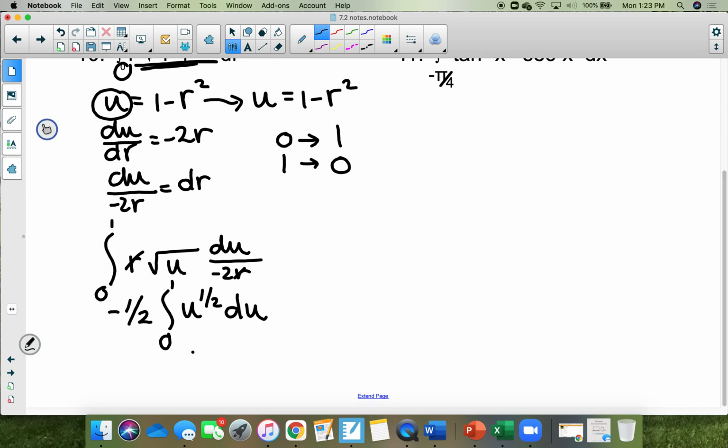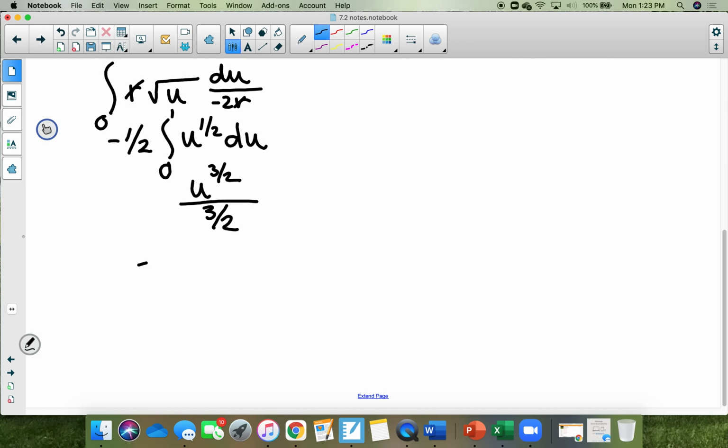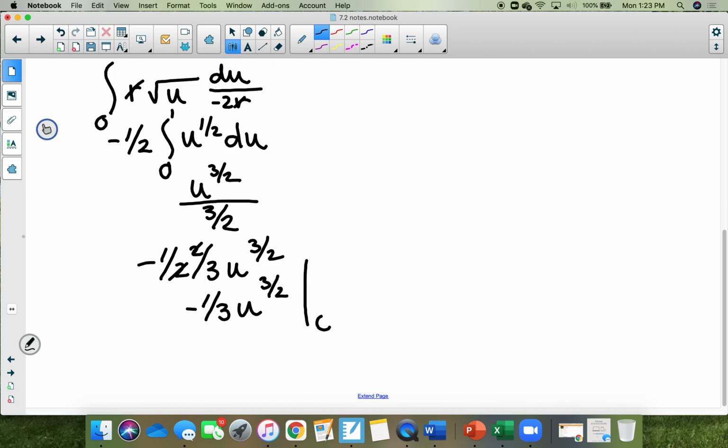It is u to the 3/2 divided by 3/2, which is the same thing as a negative 1/2 times 2/3 u to the 3/2, which is a negative 1/3 u to the 3/2. From 0 to 1, if you plug 1 in there, you get negative 1/3 minus 0, which is a negative 1/3. The tricky part is changing your limits.